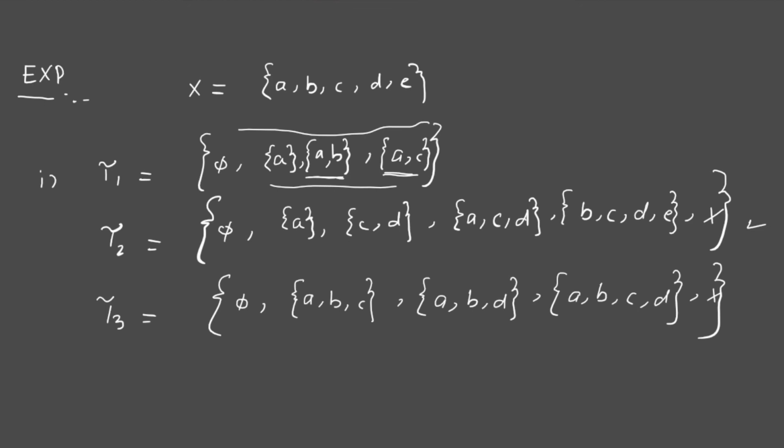When you take the intersection, you will find the answer in tau2. So what about tau3? Tau3 is not a topology. Why? Because when we take the intersection of ABC and ABD, you will find that your answer is AB. So in this collection there is no AB subset of X. Therefore tau3 is not a topology.